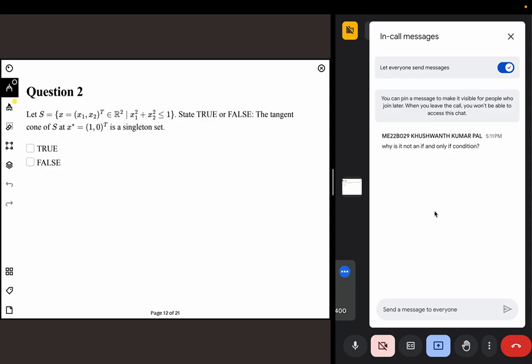Okay, maybe for this word, let's say you have a circle, x1 square plus x2 square less than or equal to 1. The tangent cone of S at the point 1 comma 0 is a singleton set. Is this true or false?